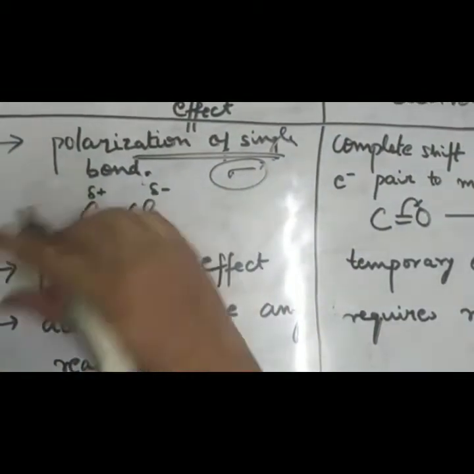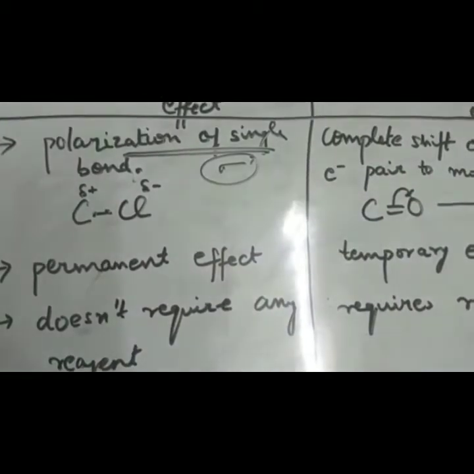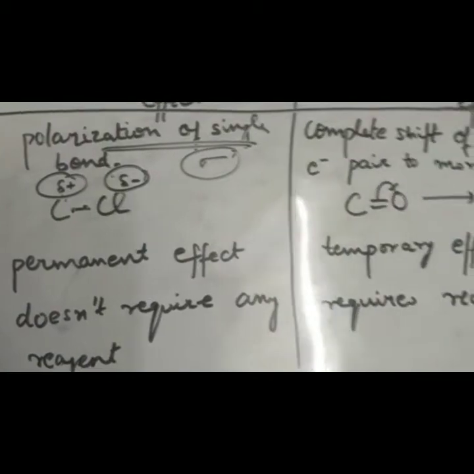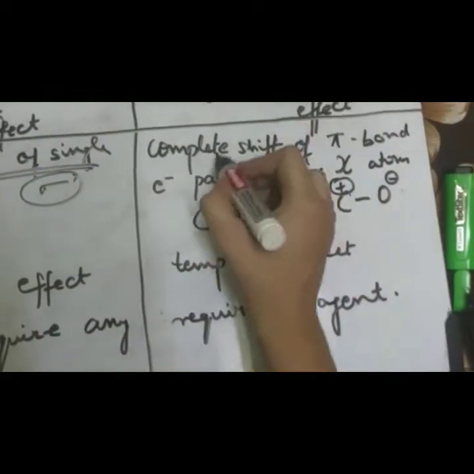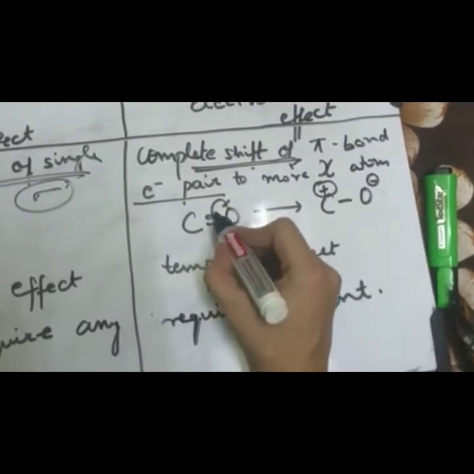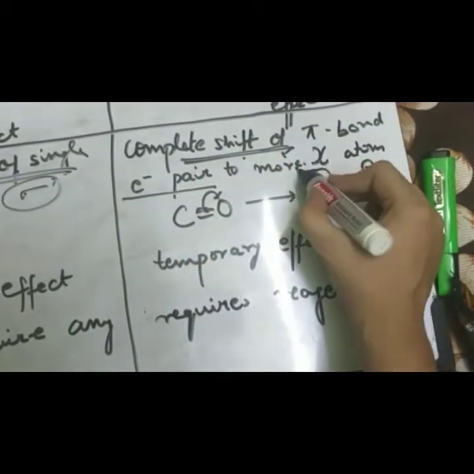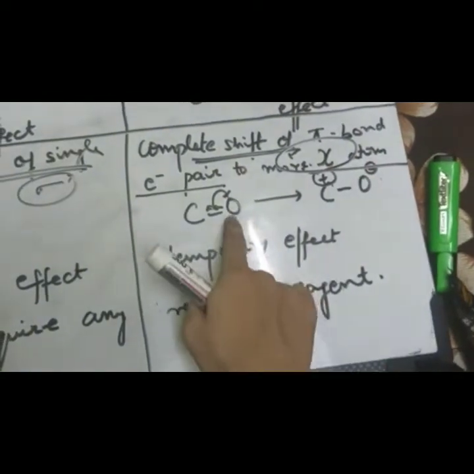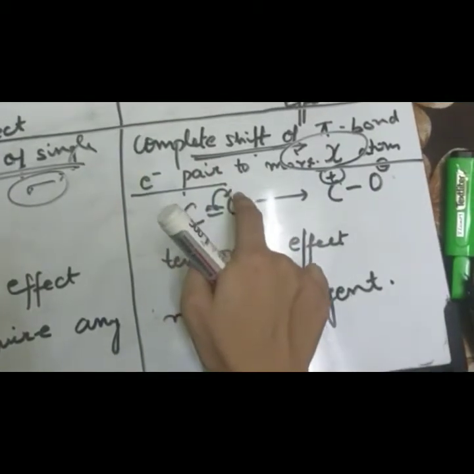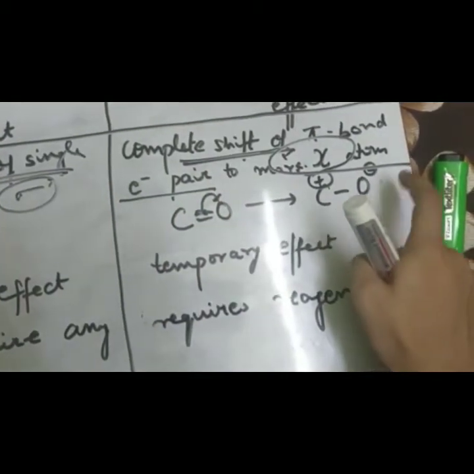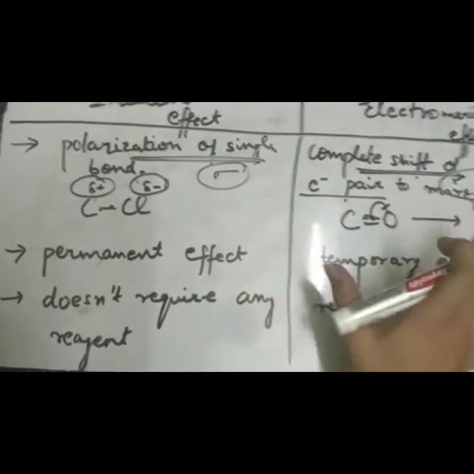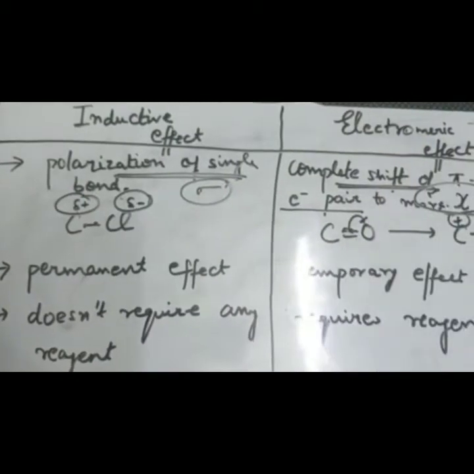The electron density is shifted to the more electronegative atom, creating partial negative and partial positive charges. But in the electromeric effect, there is a complete shift of pi bond electrons to the more electronegative atom. Here oxygen is more electronegative, so the pi electrons are completely shifted to the oxygen atom, creating a complete negative charge, not a partial charge. So this is the first major difference between the inductive effect and the electromeric effect.